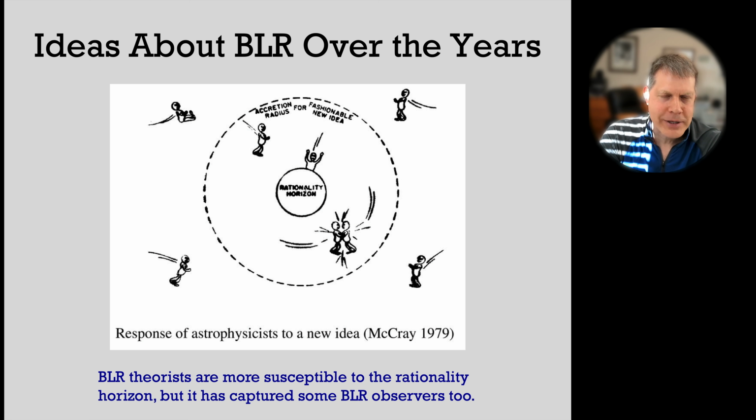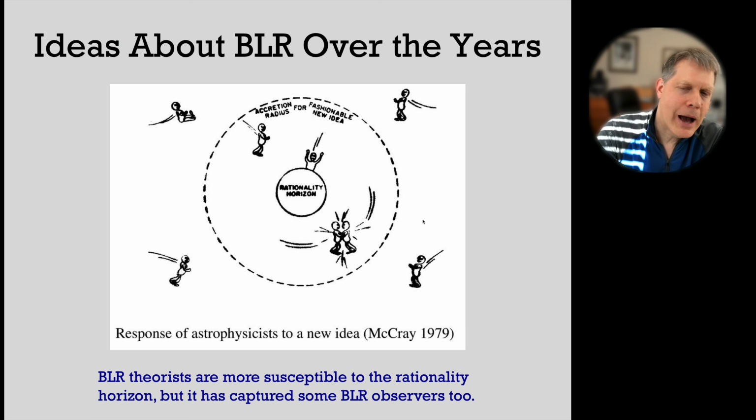And these astronomers down here, notably, even though they're down within the rationality horizon, can continue to emit papers. And the reason why that doesn't violate causality is because the papers being emitted contain no useful information. So in any case, that's the response of astronomers to a fashionable new idea.